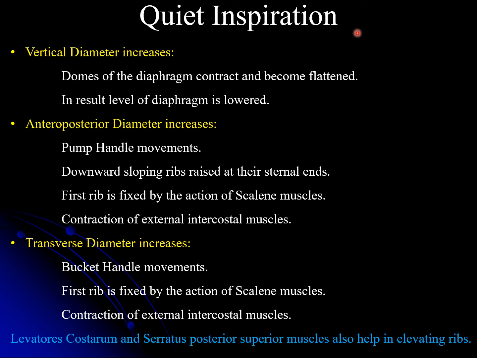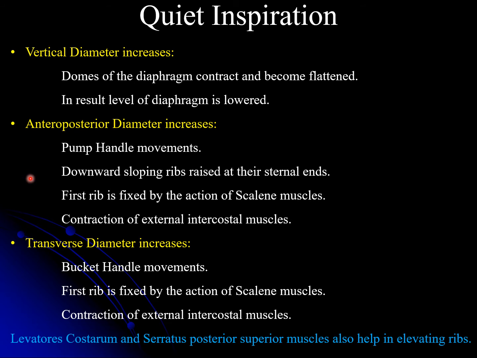In normal respiration or quiet inspiration, three diameters are increasing: vertical, anterior-posterior, and transverse. Vertical diameter increases as we have just discussed. Domes of the diaphragm contract and become flattened, and as a result the level of the diaphragm is lowered. So as the diaphragm gets lowered, the vertical diameter increases.